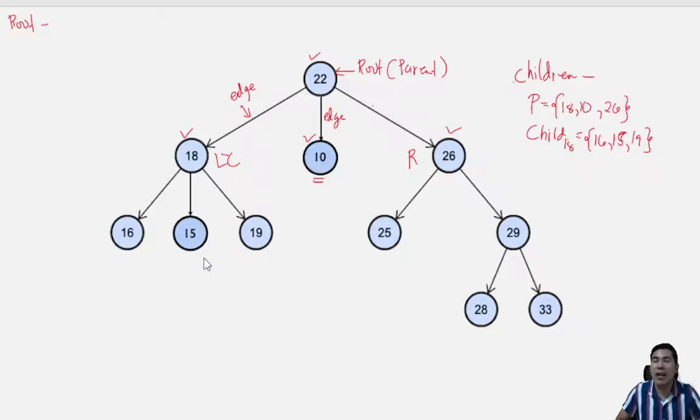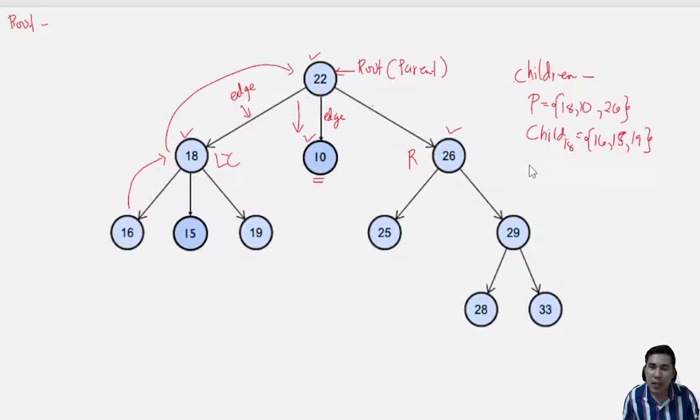Okay, now let's talk about path. What is a path? A path is a sequence of nodes connected with edges in which there is no repetition. Traversing one node down is actually traversing one node to its children. So for instance, we are going to traverse from node 16 going to 18, then 22, and then 10.